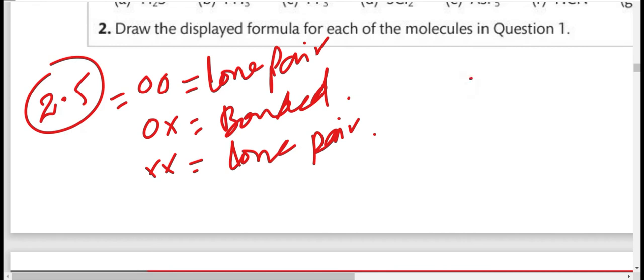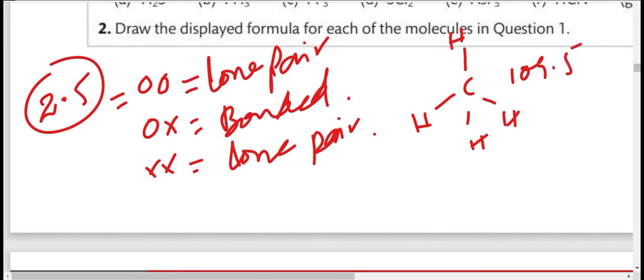For example, CH4, 4 bonded pairs are there. Bond angle is 109.5. If I change this one into a lone pair, so the new structure with me will be like this, and I'll draw this lone pair on it, right? Are you with me? Yes, sir.